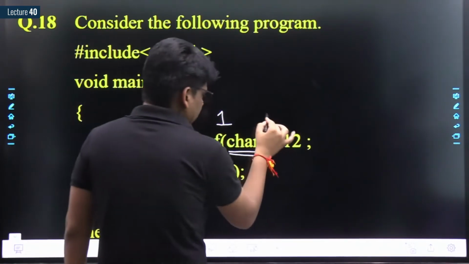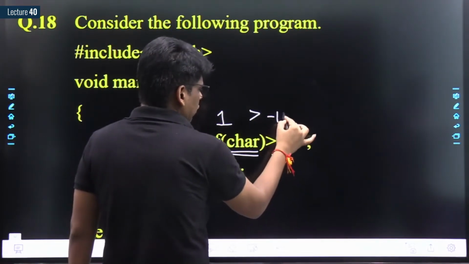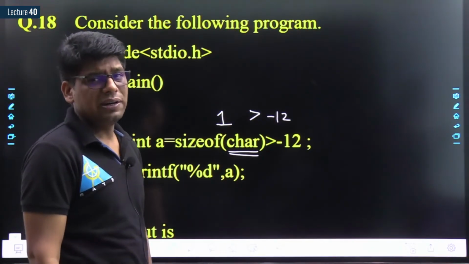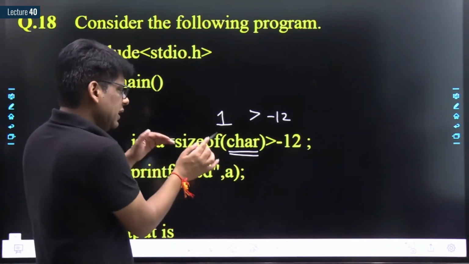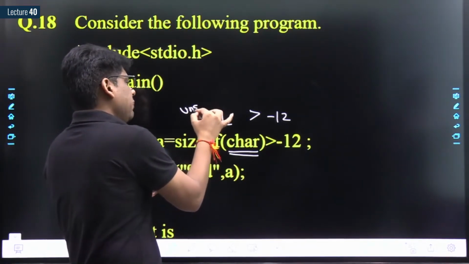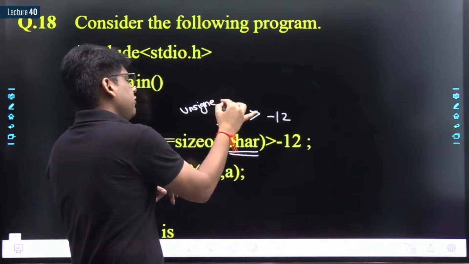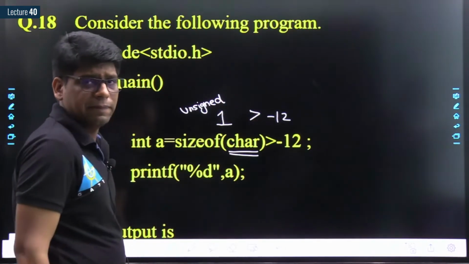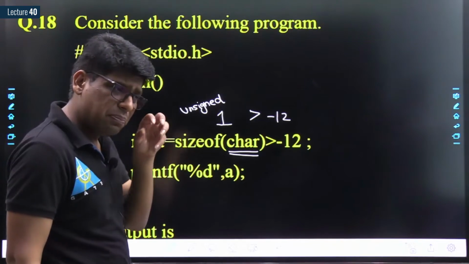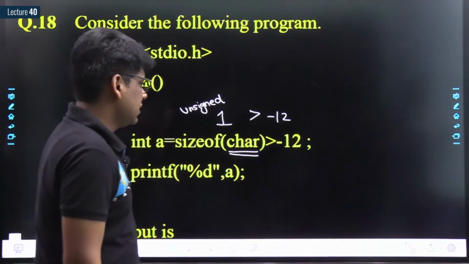Okay, and we are comparing 1 with -12. Try to understand this. Whatever value sizeof returns is of type unsigned. Try to understand this concept in the best way.